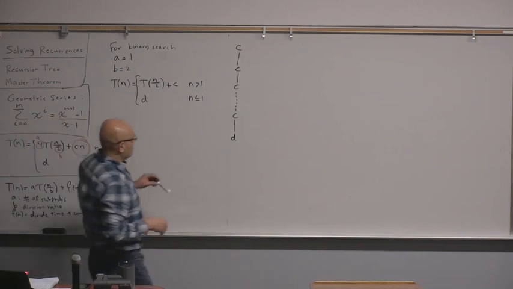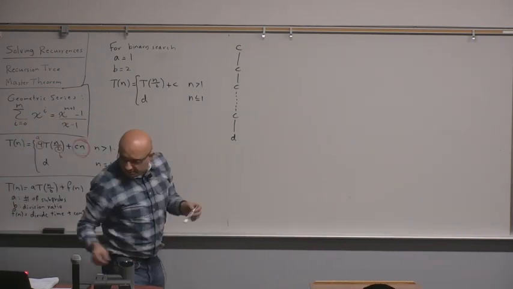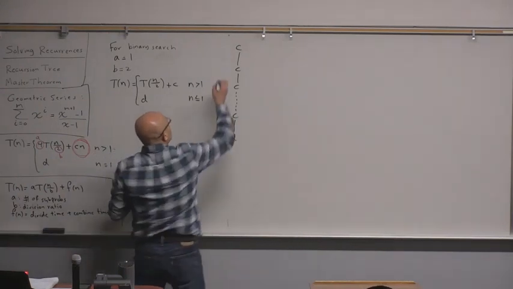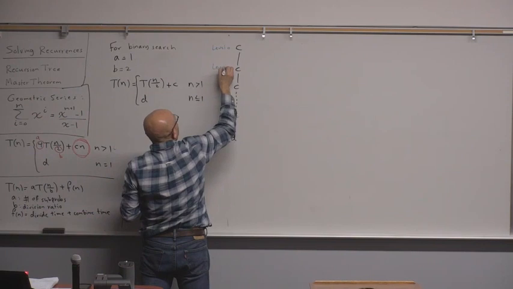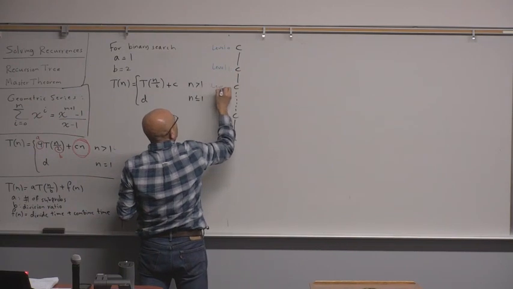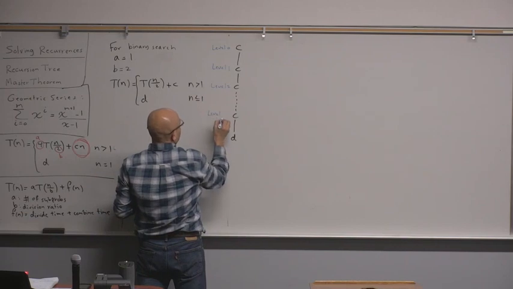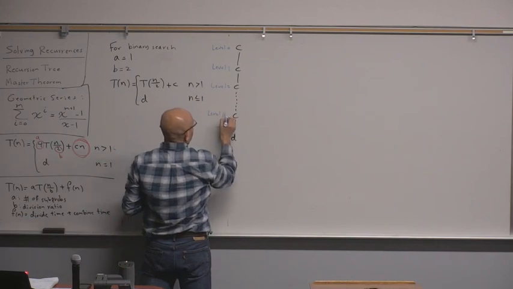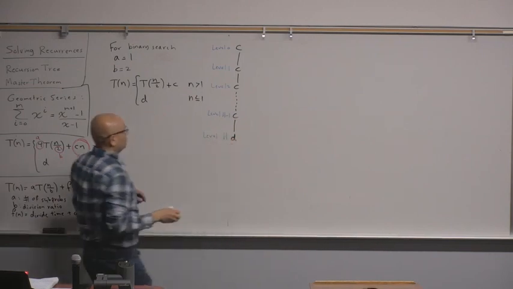So this is level 0, level 1, level 2, and this is going to be level h minus 1, and this is level h.